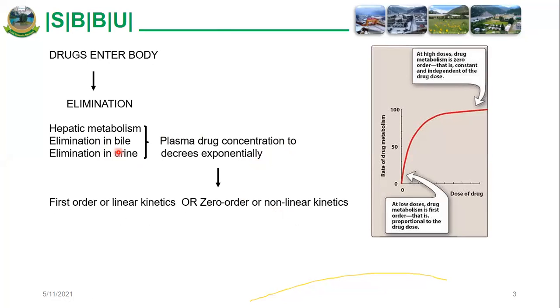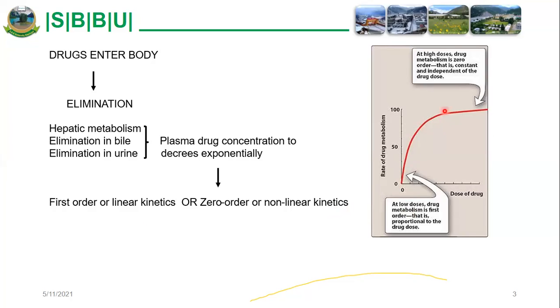The elimination of the drug by metabolism may occur through either first order linear kinetics or zero order nonlinear kinetics, and you know how to differentiate between the two. Whenever it's a low dose, drug metabolism is first order kinetics.